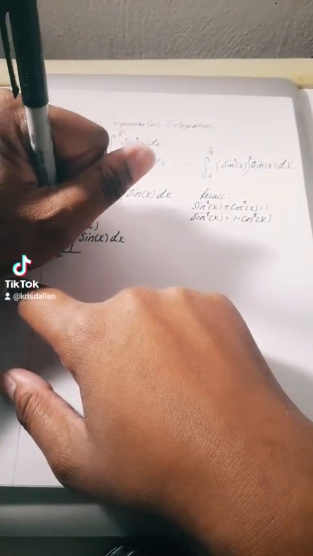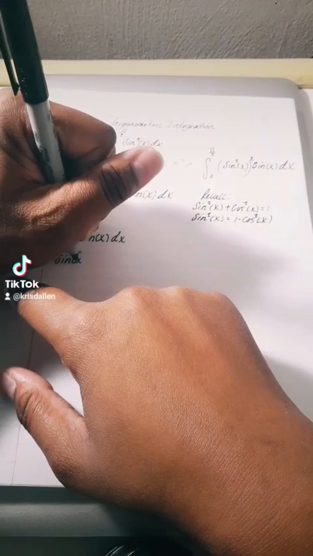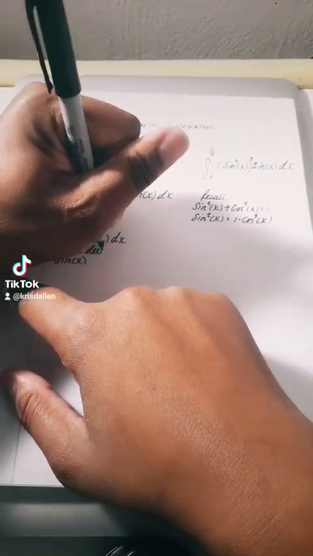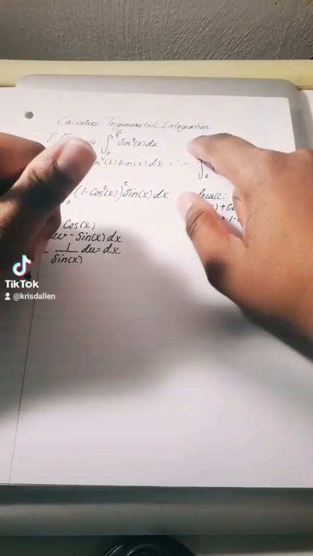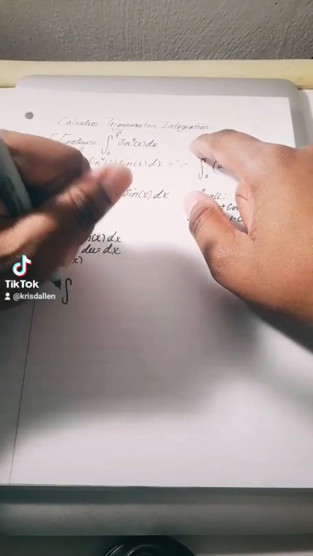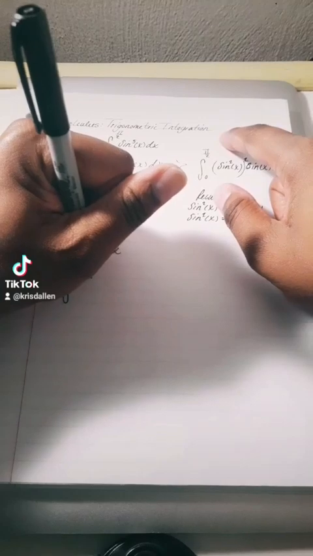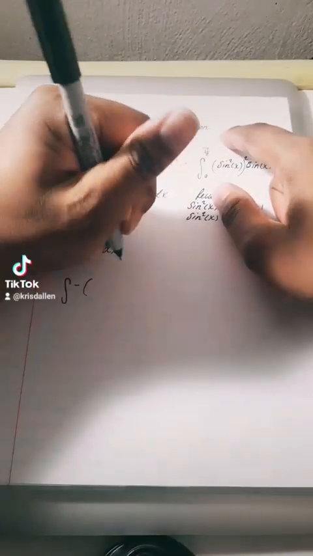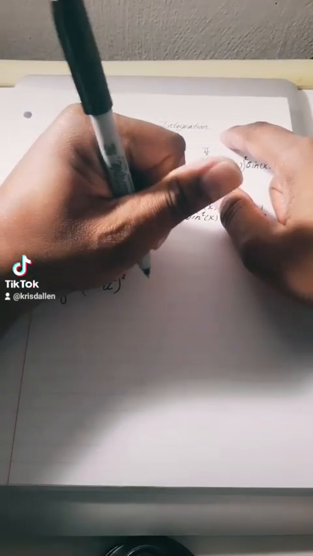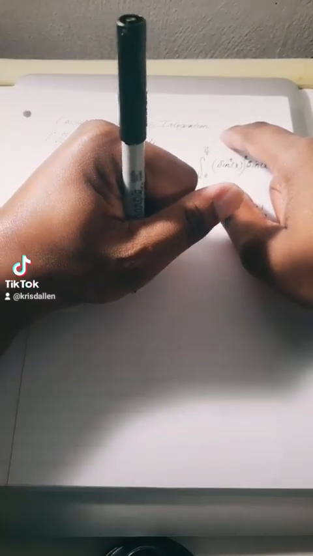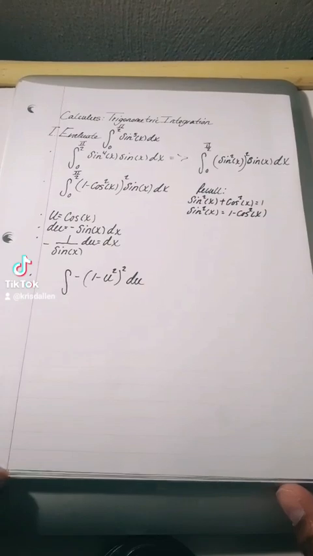And so when we solve for dx, it's going to help us cancel out the sine. I'm going to have to change the limits, but I'm going to bring the negative to the front. Then we'll end up having 1 minus u squared quantity squared, integrated with respect to u.